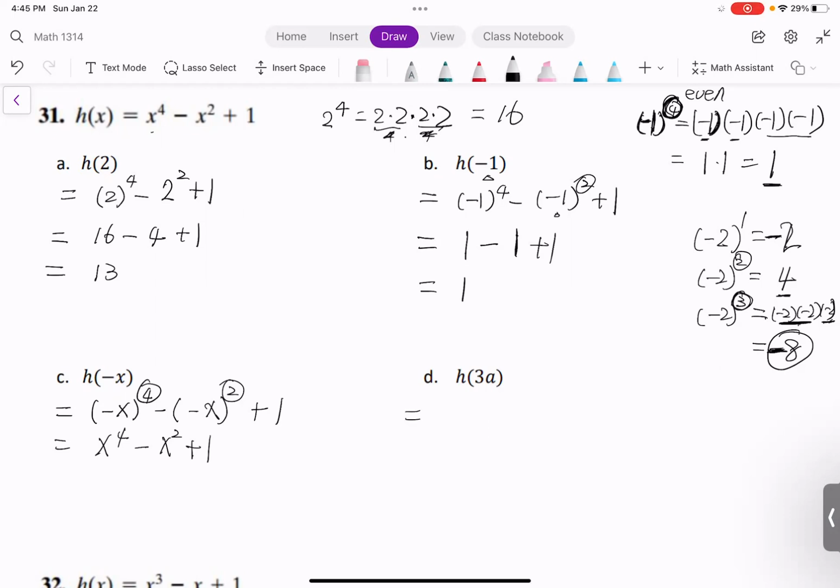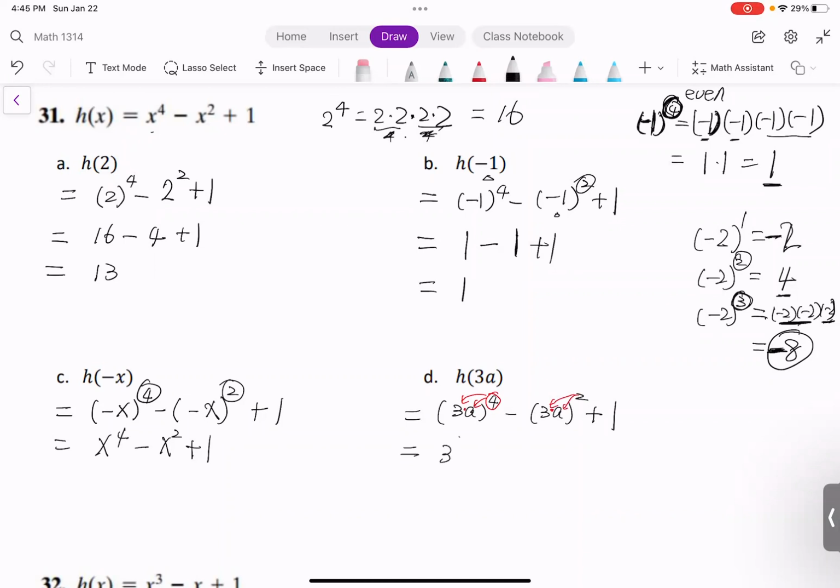Okay, let's see next part, number D. The input is 3a. So 3a to the fourth minus 3a squared plus 1. If in the parentheses the base is a multiplication, that means I can raise 3 and a to the fourth power, and raise the a to the second power.